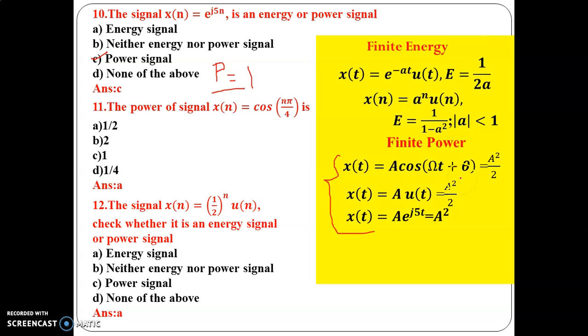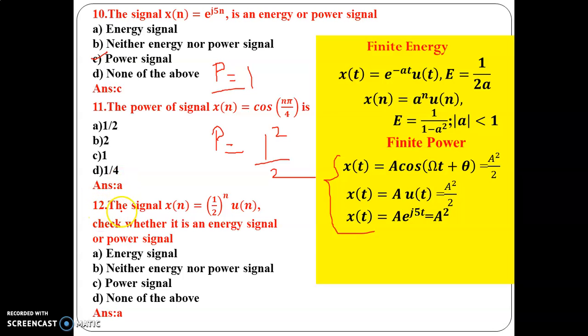Now you are asked to find the value of power. In place of A, what do you have? 1. So power P is equal to 1 square divided by 2. So the answer is equal to 1 by 2. So option A is right.